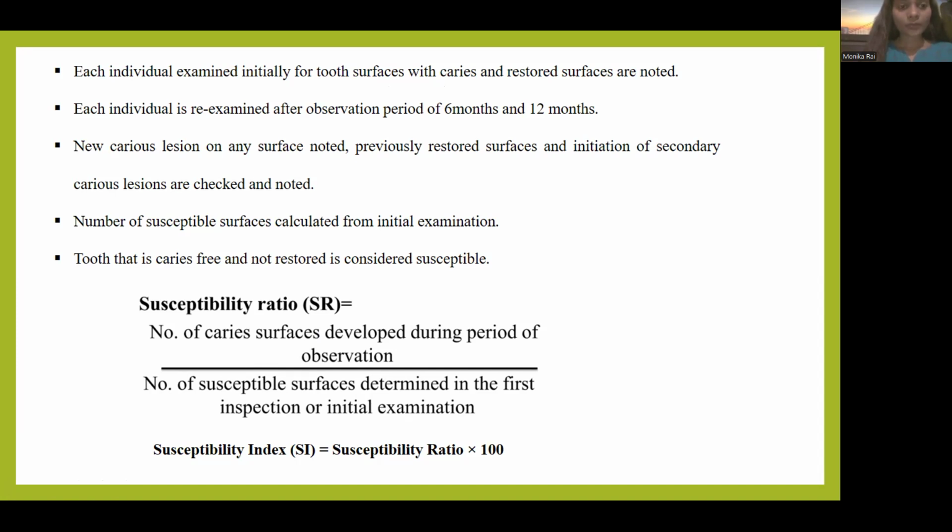The number of susceptible surfaces is calculated from the initial examination. A tooth that is caries free or not restored is considered susceptible. So the susceptibility ratio is equal to the number of carious surfaces developed during the period of observation divided by the number of susceptible surfaces determined in the first inspection or initial examination.